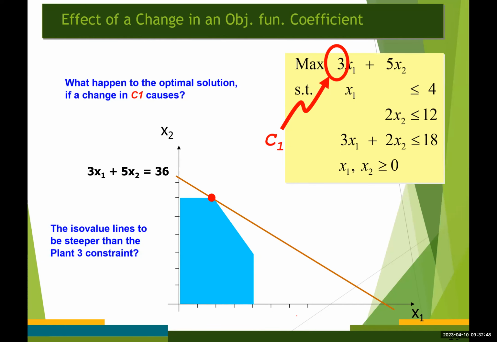Okay, so suppose we change the value of C1 so that the isovalue line becomes steeper than the plant number 3 constraint.